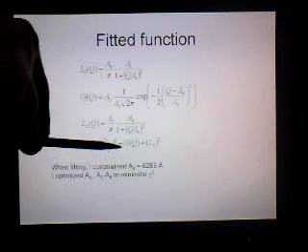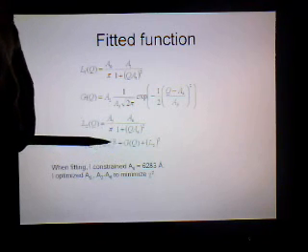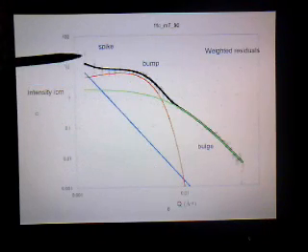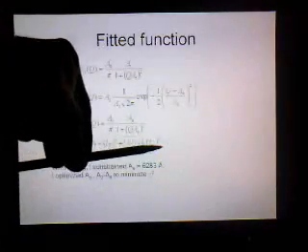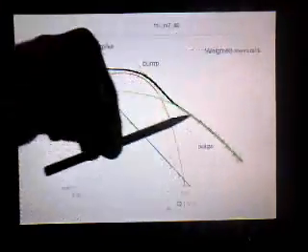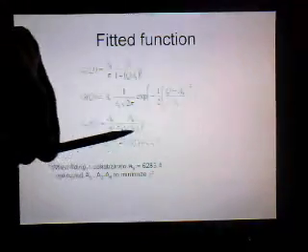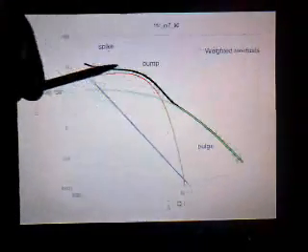And so one Lorentzian takes care of the spike, this bit here, which is in this case the blue line, and the other Lorentzian takes care of the bulge, which is the green line here. And then the Gaussian takes care of the bump.